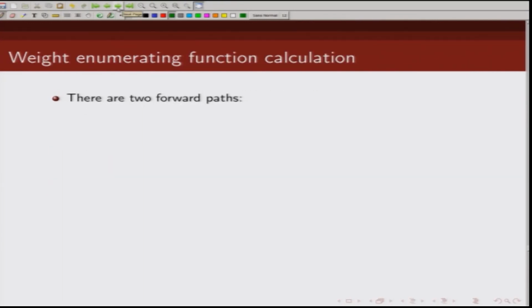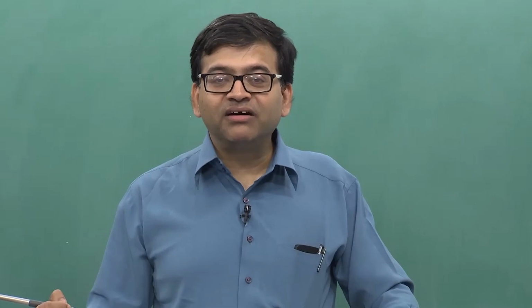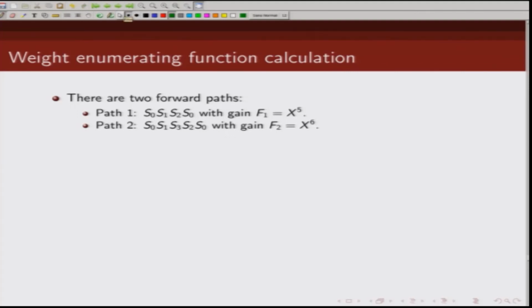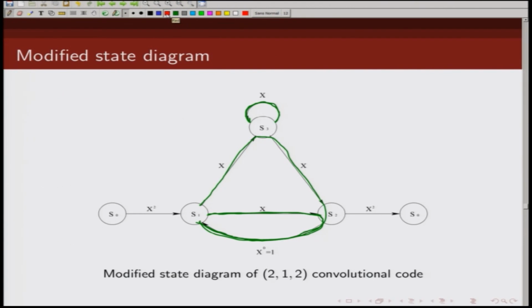Next, we are going to find out what are the forward paths. So, there are 2 forward paths in this, and we are going to show you. So, let us use a different color pen. Let us use a red color pen. Remember, what is a forward path?